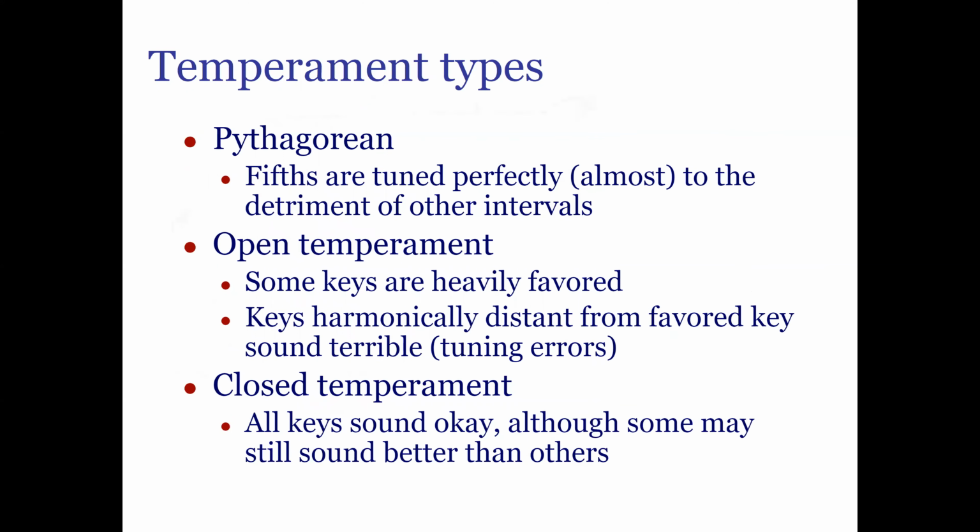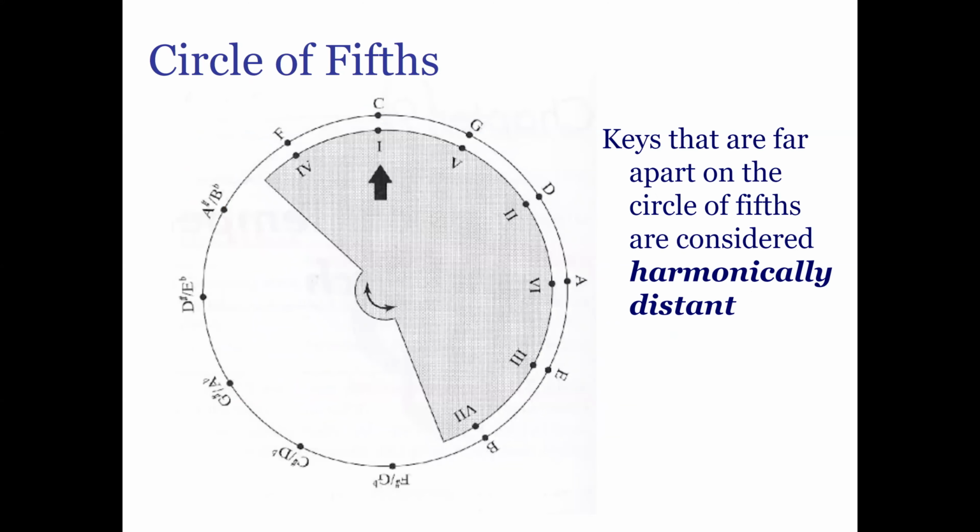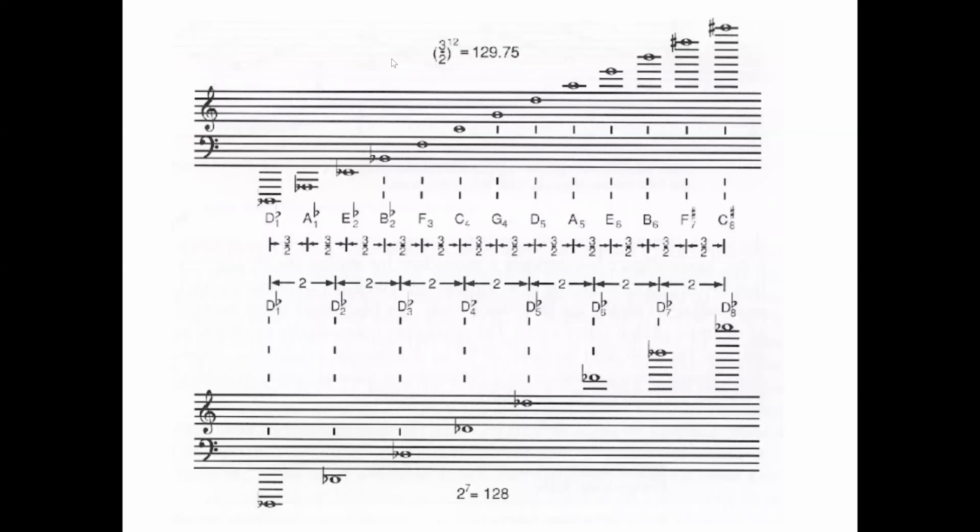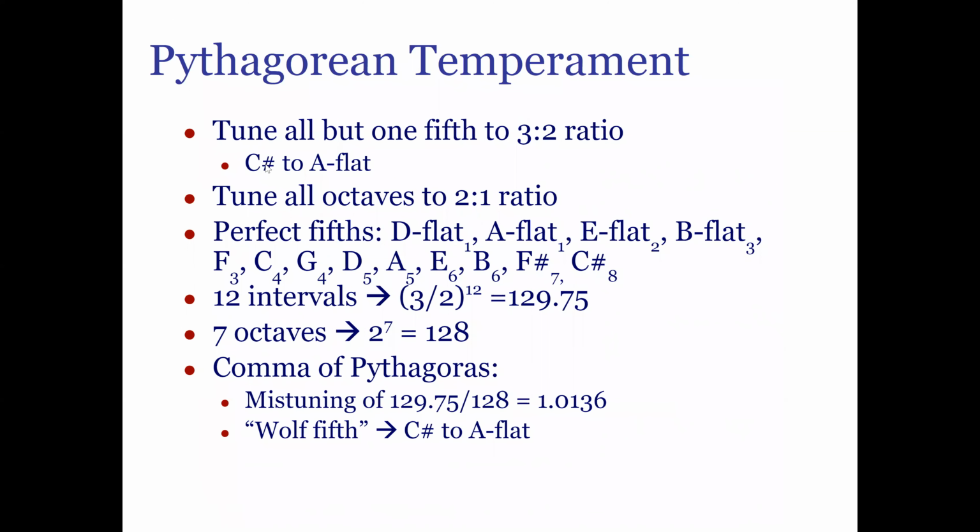C sharp to A flat. So coming back here, C sharp to A flat, this very first interval actually is mistuned slightly. And that is to preserve the octaves at 2-to-1 for everything.